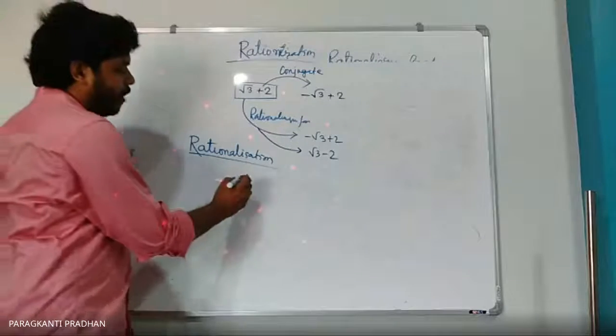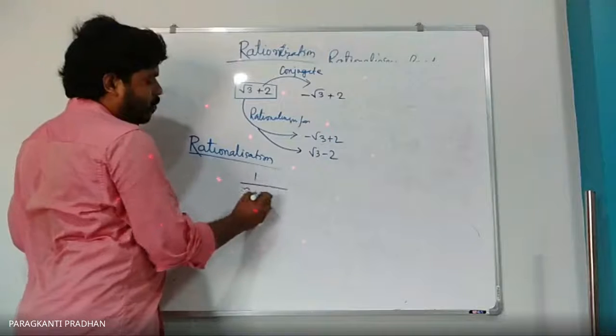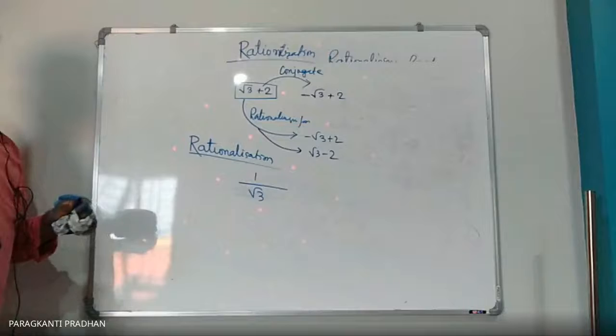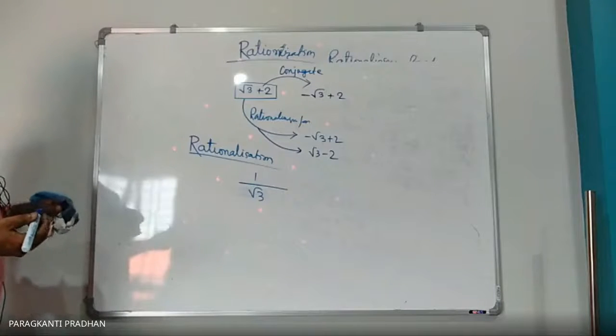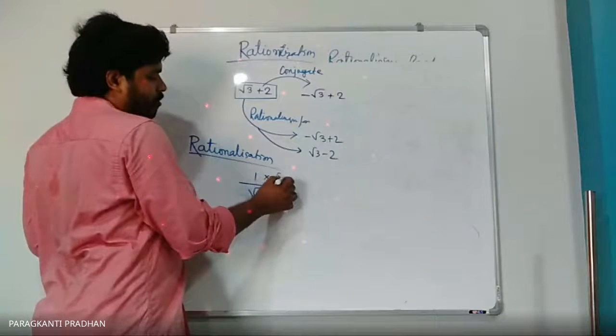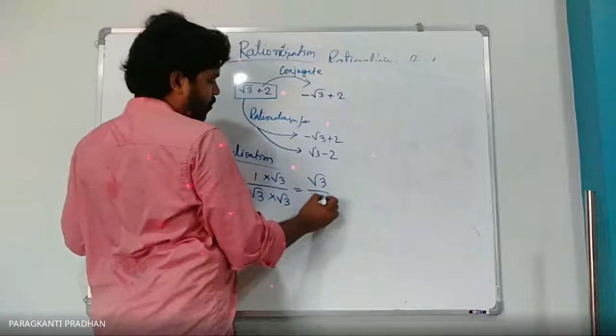Rationalization. Suppose 1 by root 3 is there. So the root value is below. This root will be removed by multiplying root 3 into root 3. This will be root 3 by 3.